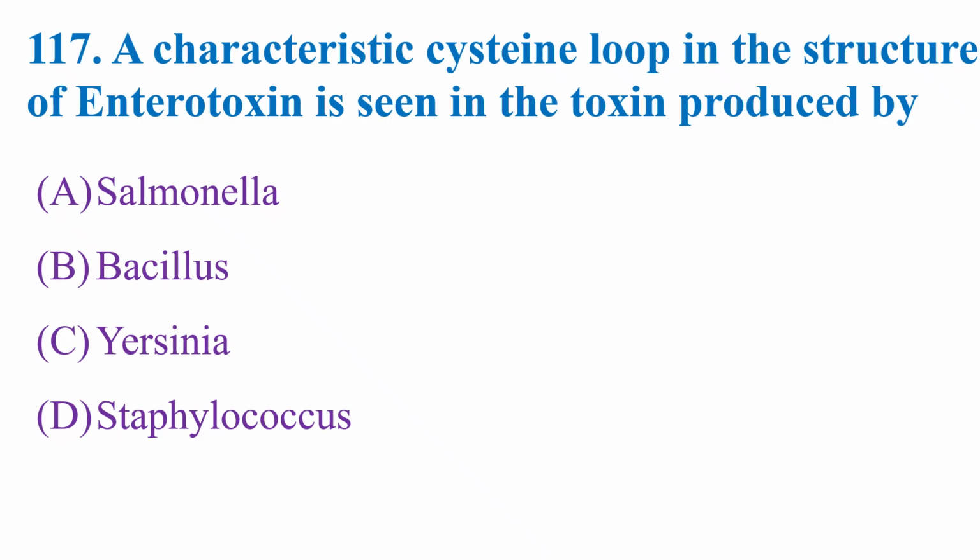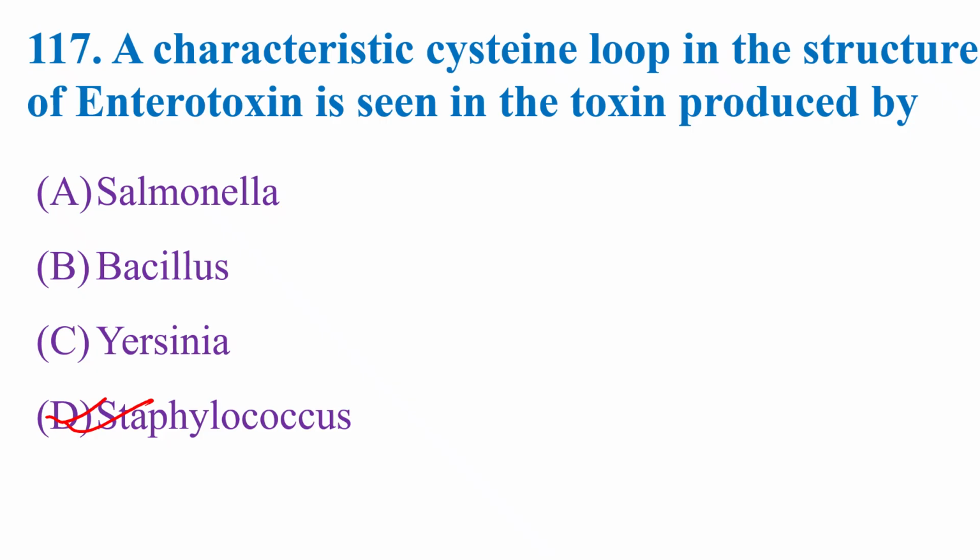Question 117. A characteristic cysteine loop in the structure of enterotoxin is seen in the toxin produced by. So the correct option is Staphylococcus. So Staphylococcus enterotoxins contain a disulfide bond between the cysteine residues.